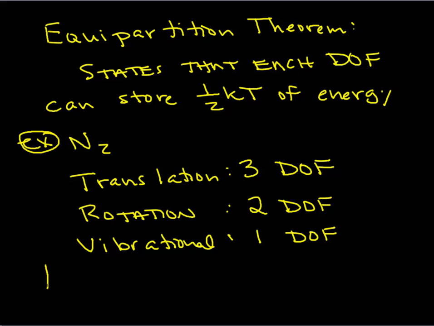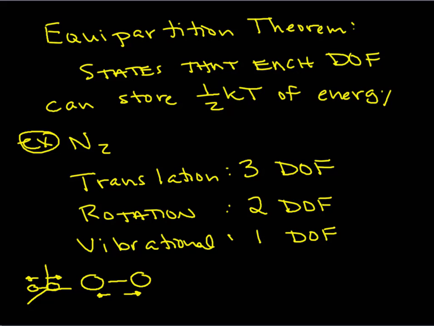And if we wanted to look at the degrees of freedom for N2, we can draw a picture over here in the corner in our Cartesian coordinates, with our N2 molecule. The only way that it's going to vibrate is by stretching along the internuclear axis in such a fashion.